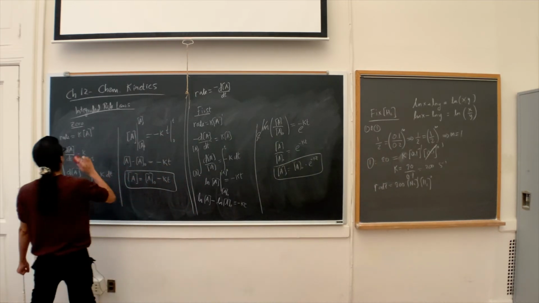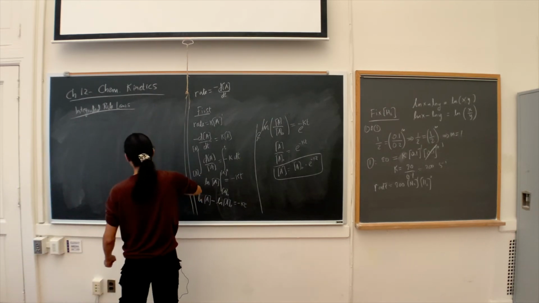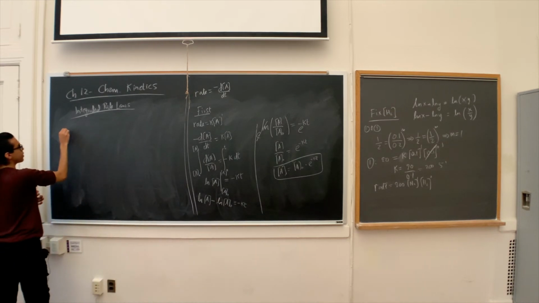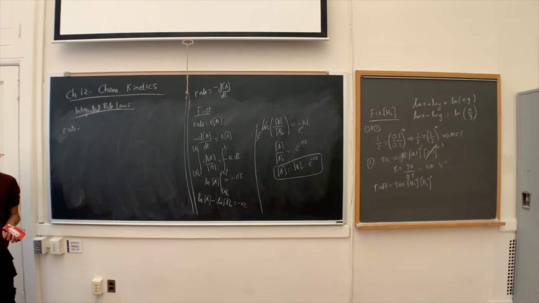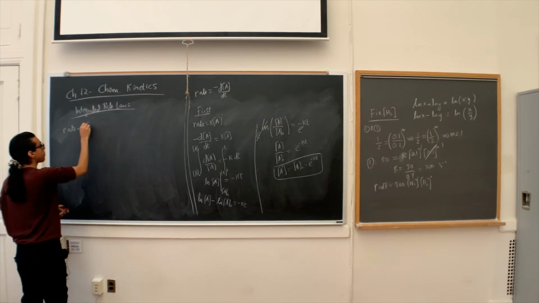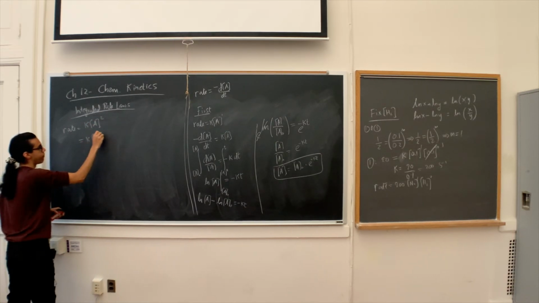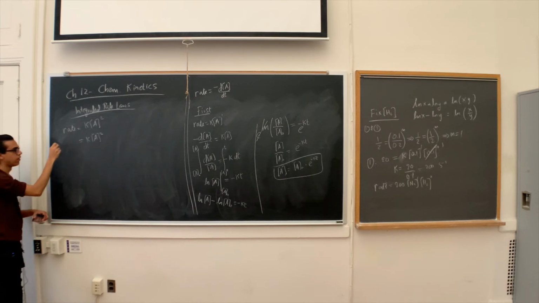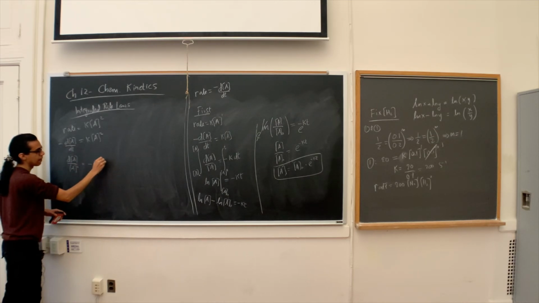All right, let's finish this off with the last one, and you tell me what to do. Okay, cool. Rate equals, what do I write? K times a to the power of 2. Let's bring all the a's on one side and everything else on the other side.